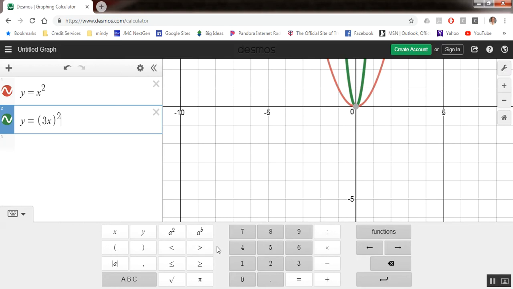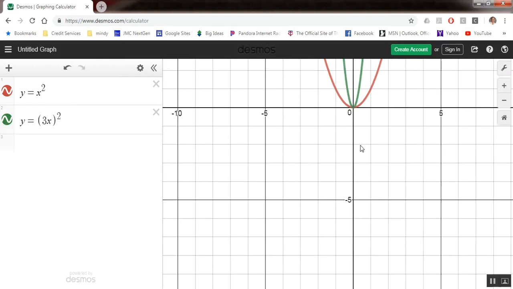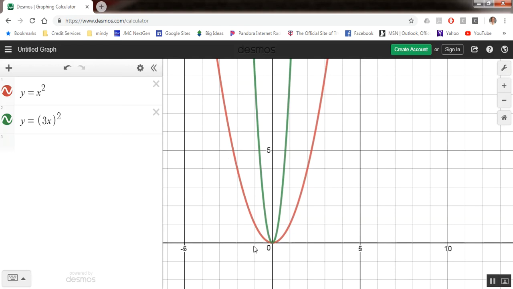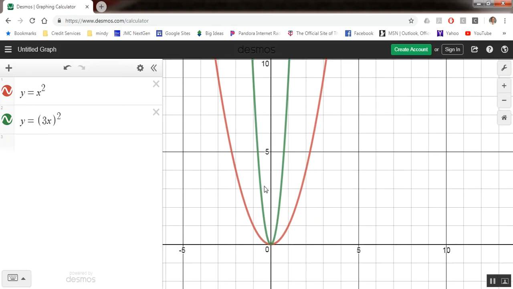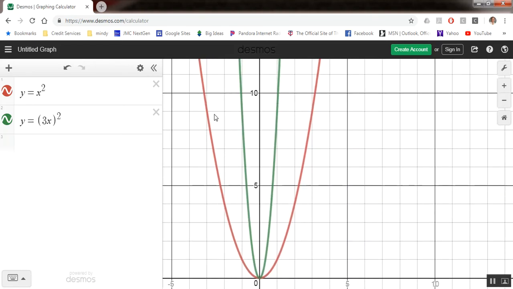Guys, does that appear to be a horizontal shrink? Yes or no? Take a look at this point right here, negative 3, 9, right? What's the x value on that? What's the x value on this?